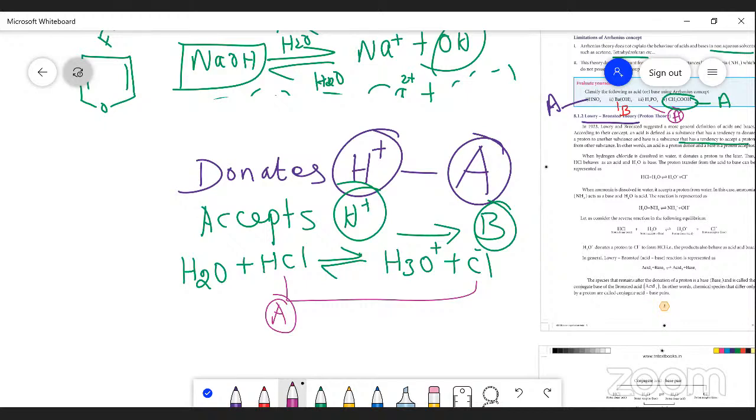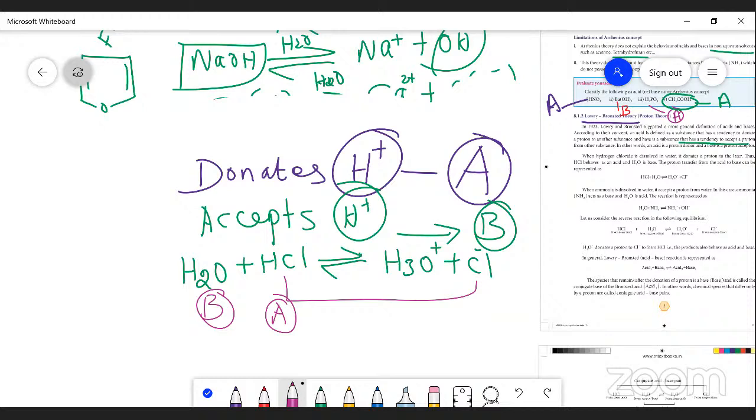Then who accepts the H plus? See what happened to H2O. H2O accepts the H plus ion from HCl and becomes H3O plus. So this is a base. Now the theory is clear.